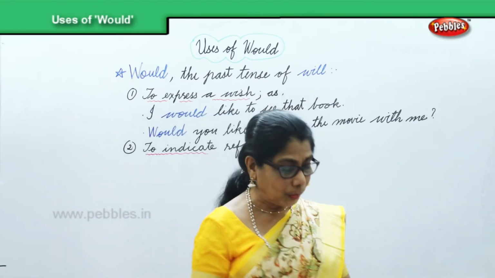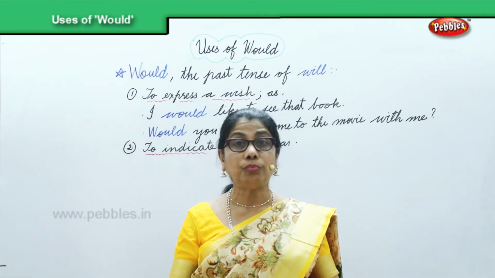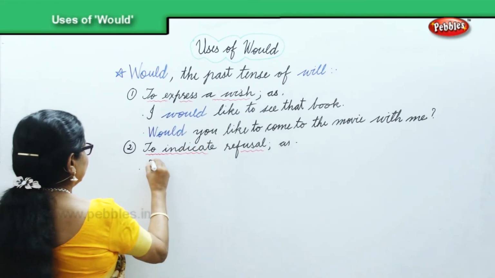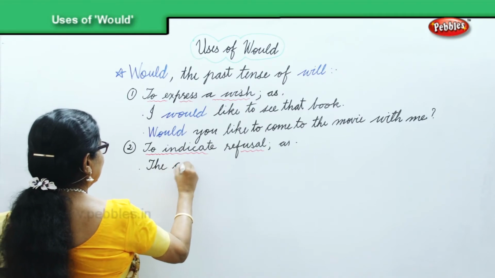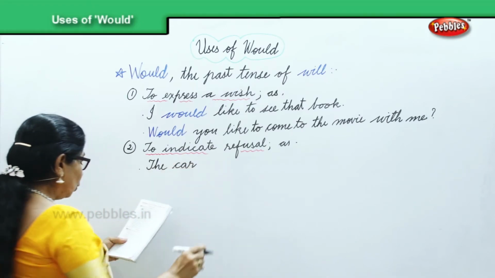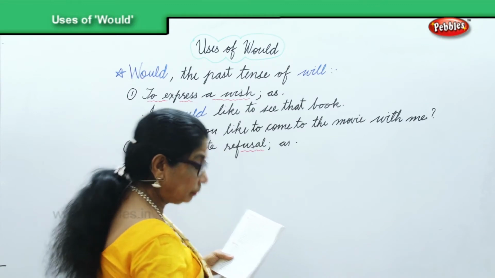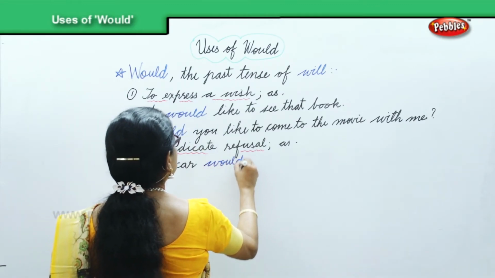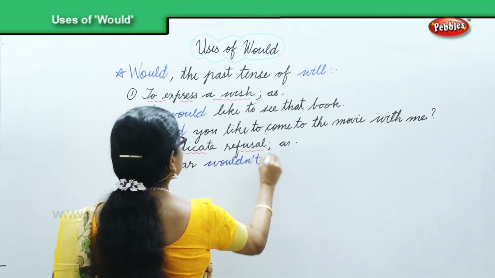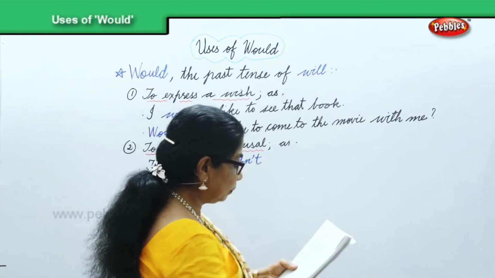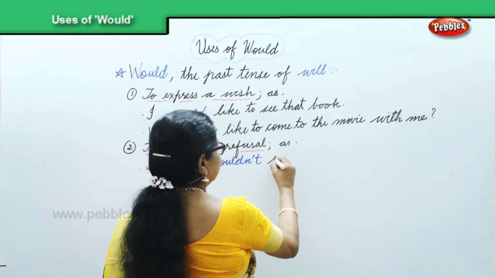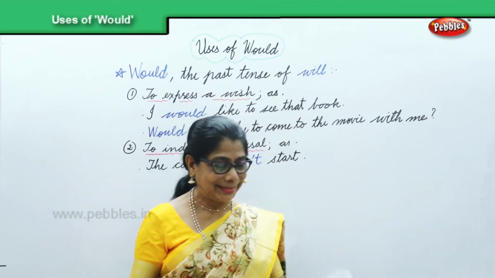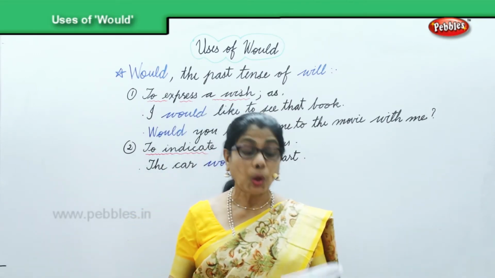Now let's look at the sentence. The car wouldn't start. The car refused to start. That's it.